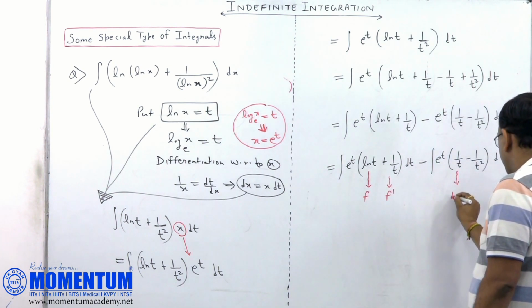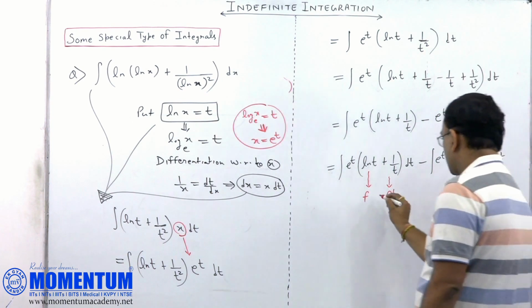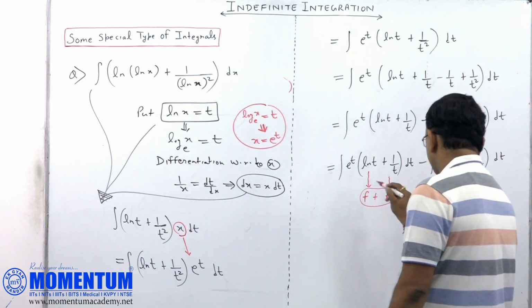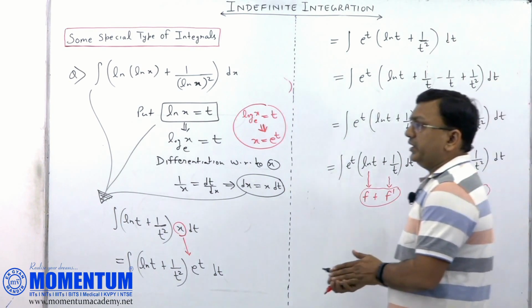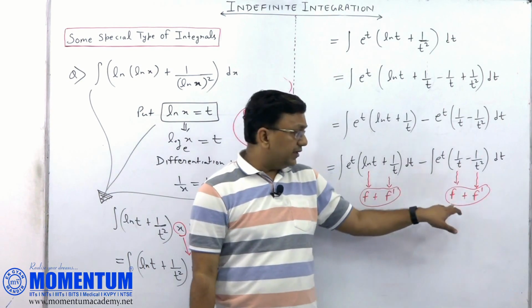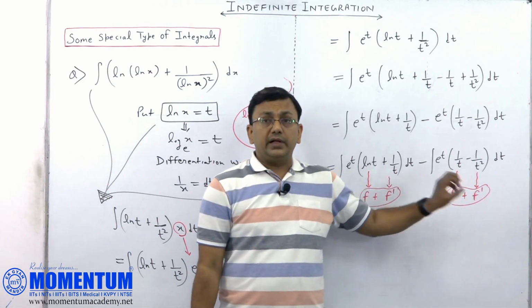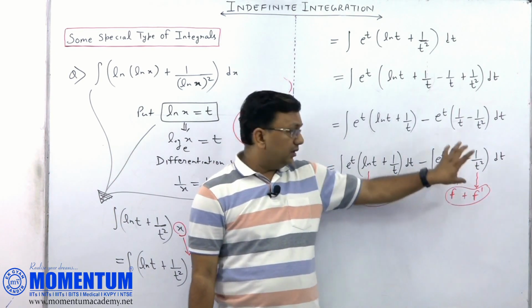If I call it f, then including the minus sign, it is f dash. Here also f plus f dash. Now some of you may have confusion here, that there is a minus in between, so how is this f plus f dash? Try to understand, minus is part of the derivative.